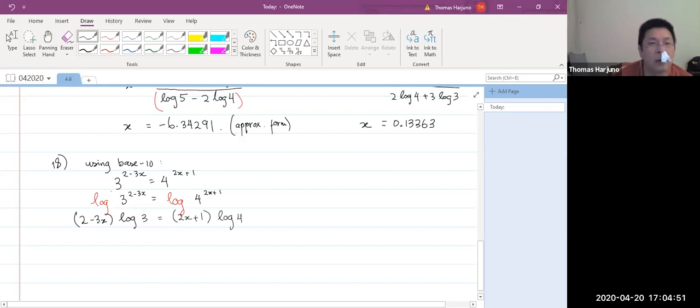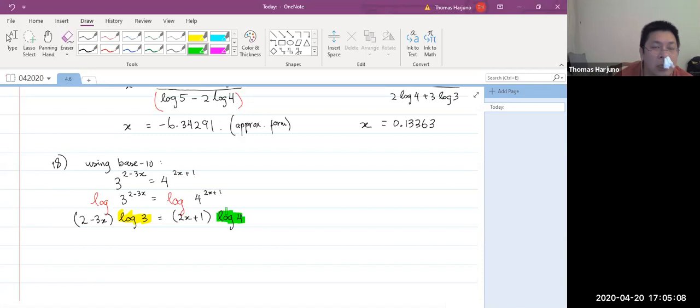Next I will distribute, because log 3 and log 4 are basically constants. If I use the calculator too early, then I have the decimal too early, and that decimal will be an approximation already.